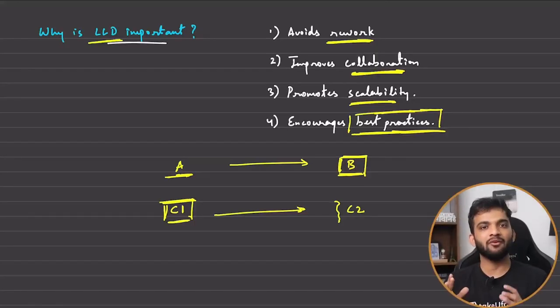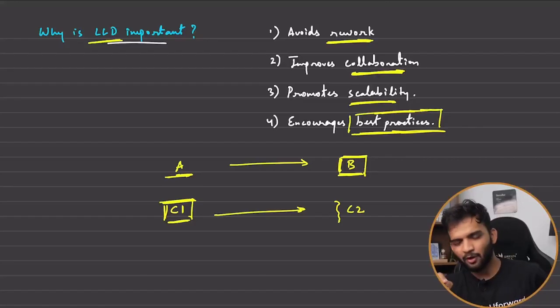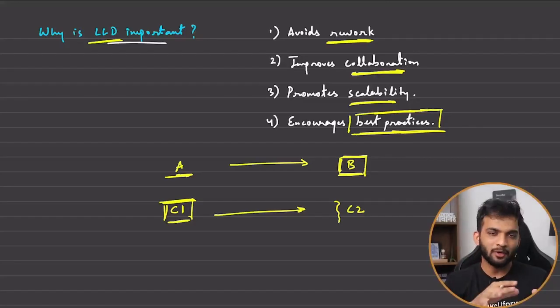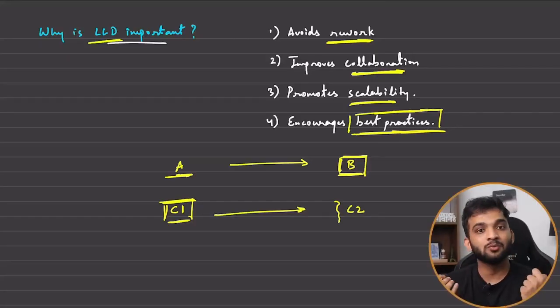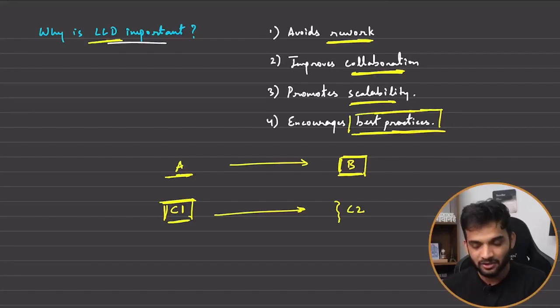For us, whenever we were launching TUF Plus, the focus was to ship the product, right? So we had to just skip a lot of best practices. But now when the product is stable, our team is working on getting it fixed. Why? Because we know this is going to scale, and whenever it scales, it's going to break. So it's very important that we fix it as of now.